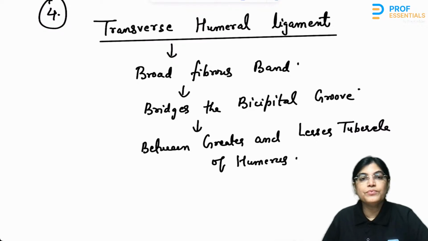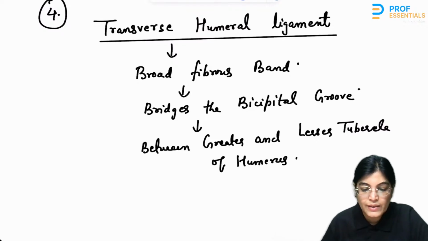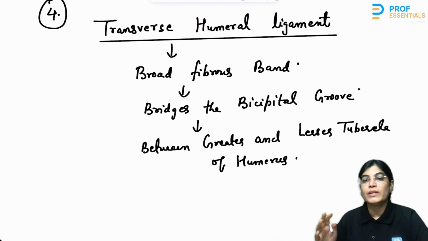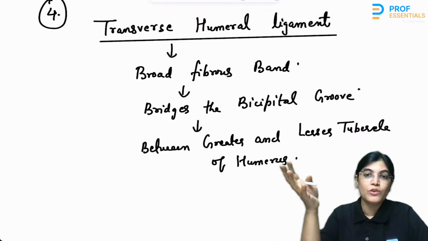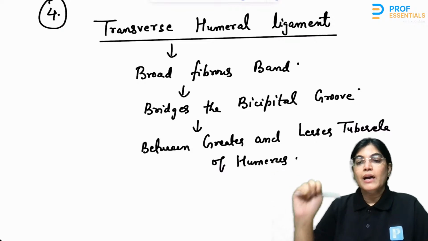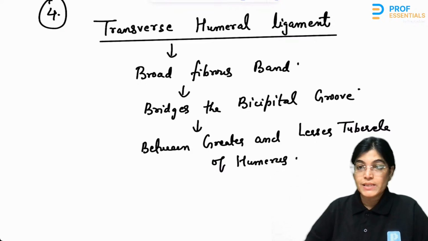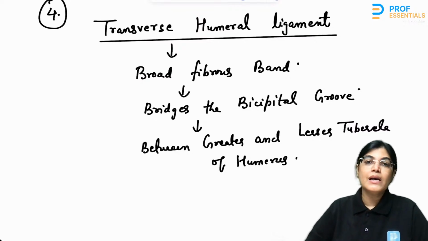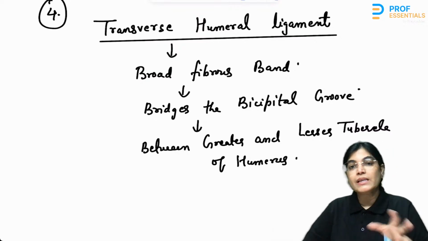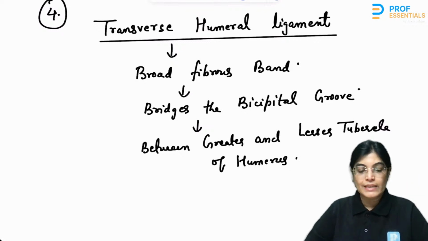Exactly why it is important: the ligament is converting this groove into a canal. The bicipital groove is converted into a canal by the passage of the long head of biceps brachii, and the transverse humeral ligament is covering this.